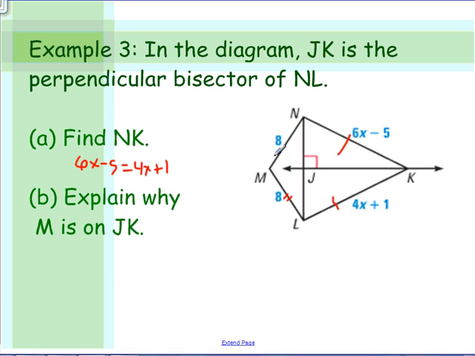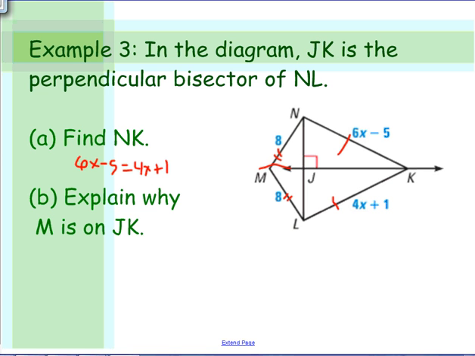They're both equal to 8. And according to the converse of the perpendicular bisector theorem, M then has to lie on the perpendicular bisector because the two sides of our little triangle right here are congruent.